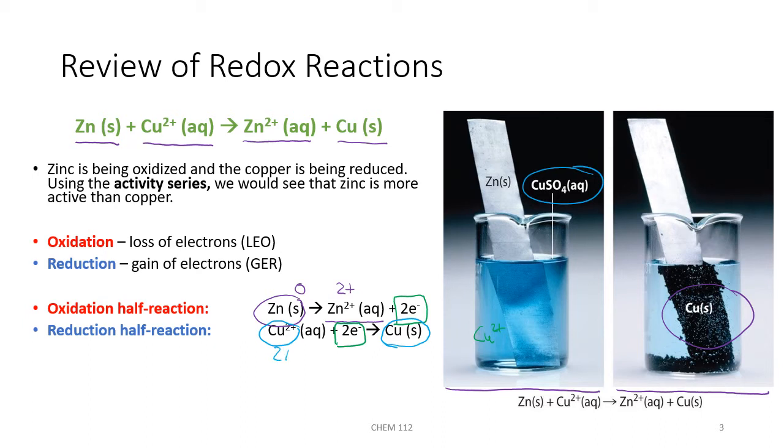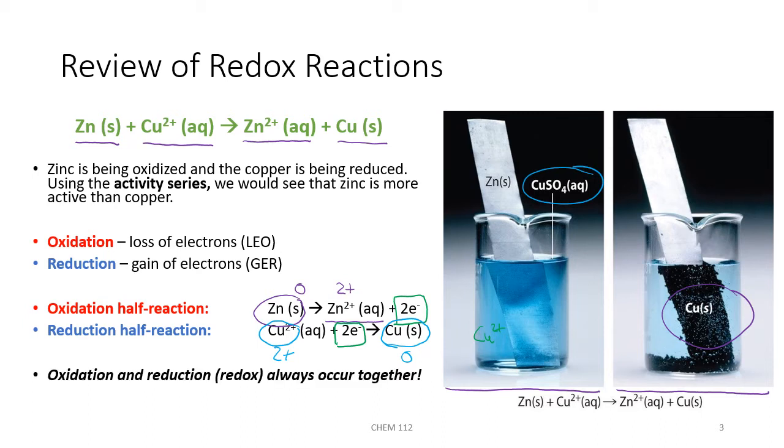So it went from having a +2 charge to a zero charge. It gained electrons in order for that charge to go down, which means it was reduced. Anytime you see a reduction half reaction, the electrons will be on the reactant side. So oxidation half reaction, electrons are a product. Reduction half reaction, electrons are a reactant. And so that's a quick review of what you would have seen back in Gen Chem 1 when you talked about redox reactions.